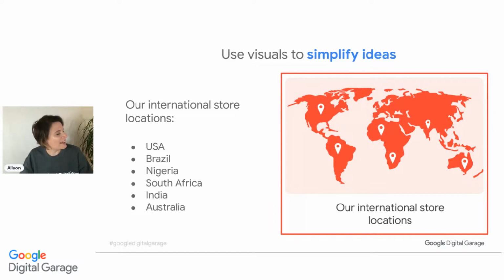So here, again, it's the idea that this list of bullets are international store locations, and it's fine. It gives the information, but if you just had it on its own, it's not going to really engage the audience. So actually being complemented by a map with pins showing where they are gives the audience two options to view this information.